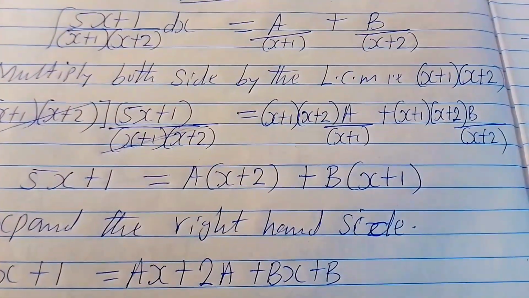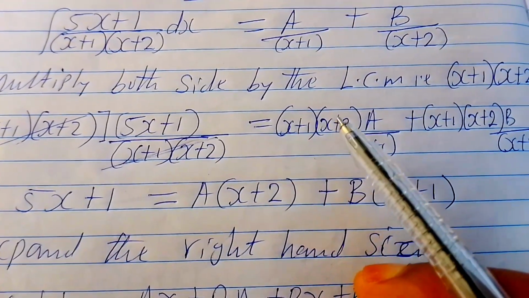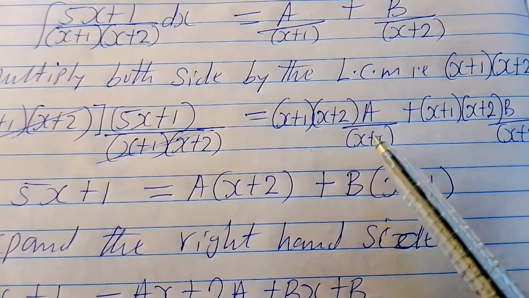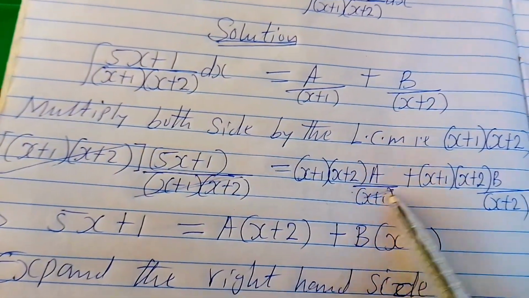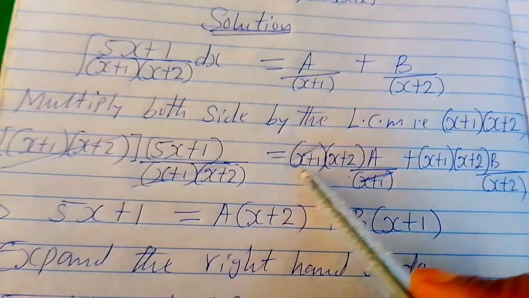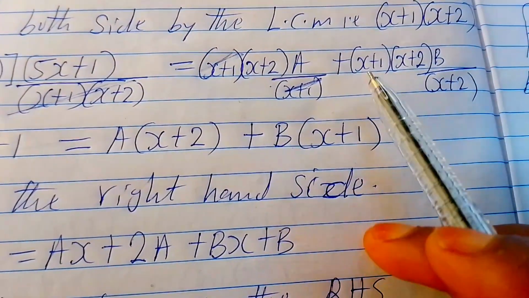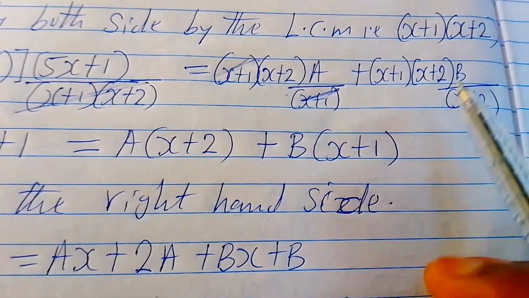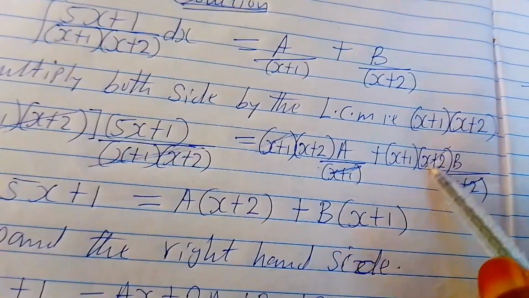Now come to the right hand side also. (x + 1)(x + 2) multiplied by A over (x + 1): the x + 1 here can cancel out this x + 1. Now we come to the next one. We have (x + 1) multiplied by (x + 2), multiplied by B over (x + 2). This x + 2 can cancel out this x + 2.